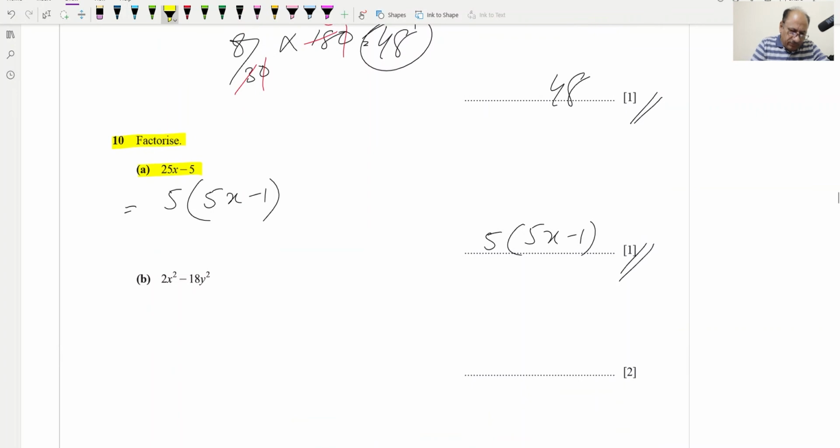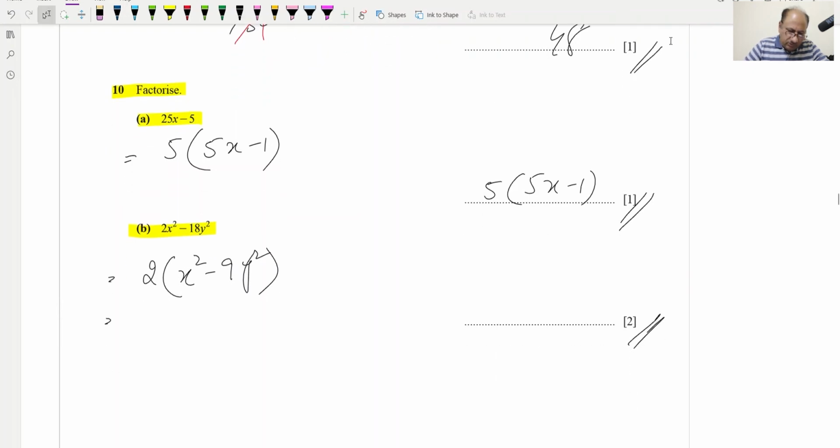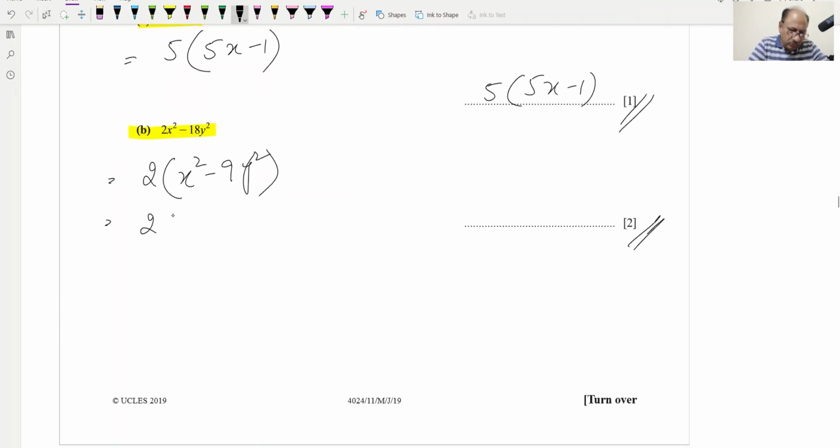And B part, what we can do: first of all we will take 2 common, inside will be x squared minus 9y squared, and this one we can rewrite. Keep in mind this is a 2 mark question, so 2 into, we can write like this one, x squared minus 3y whole squared, like this.